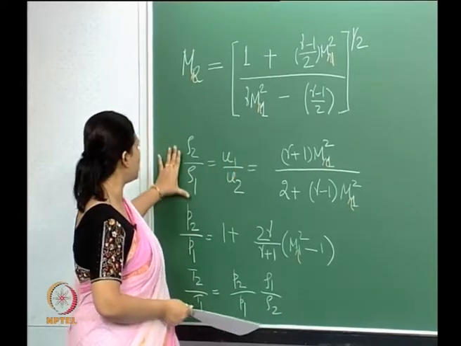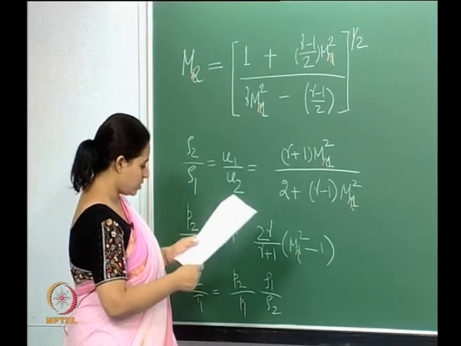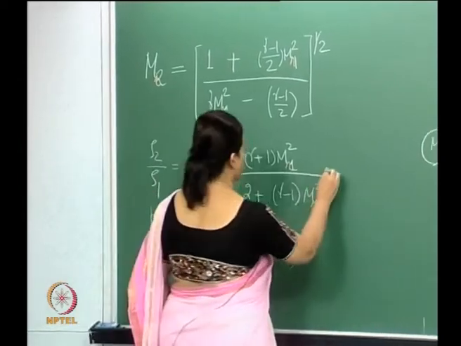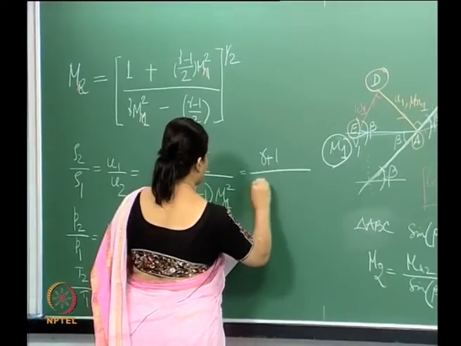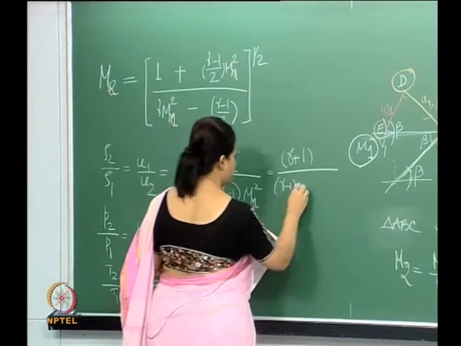So this is the change in density across the oblique shock. If I were to change that, what I would get from here is this.